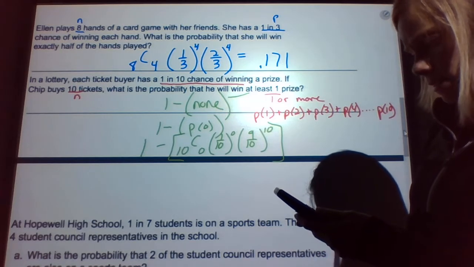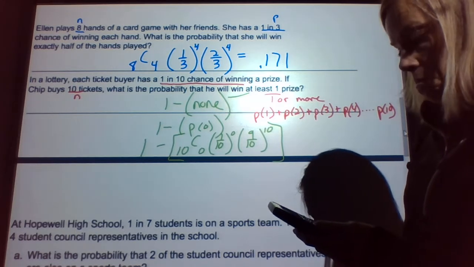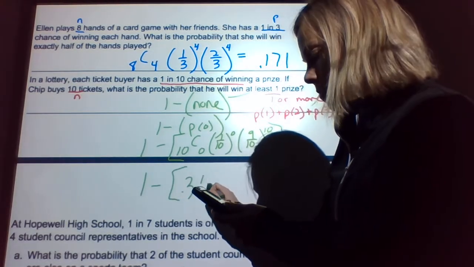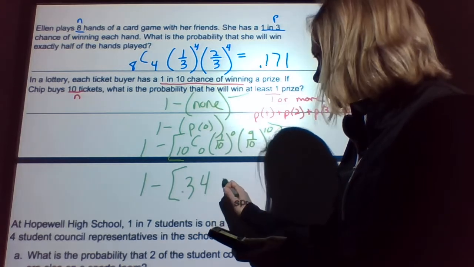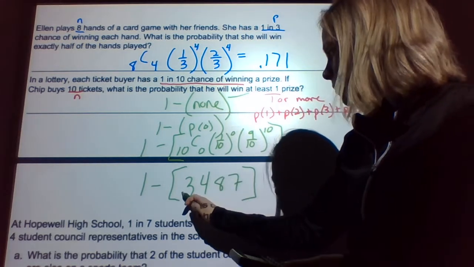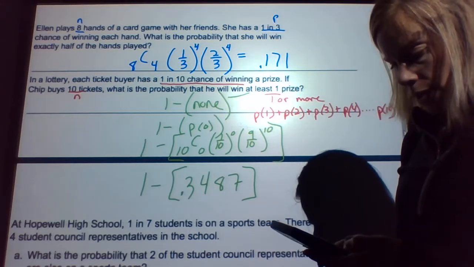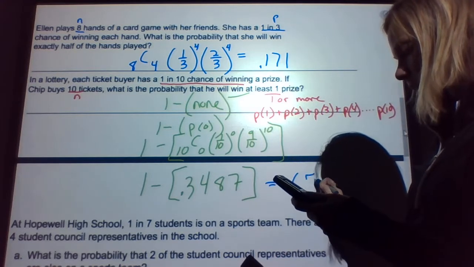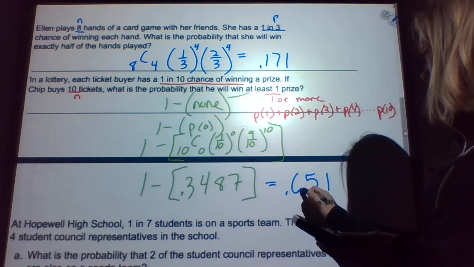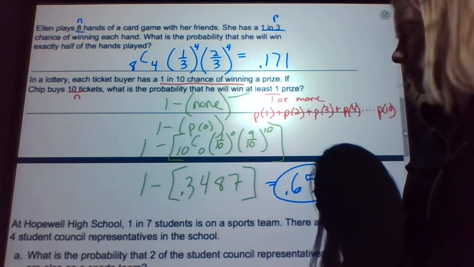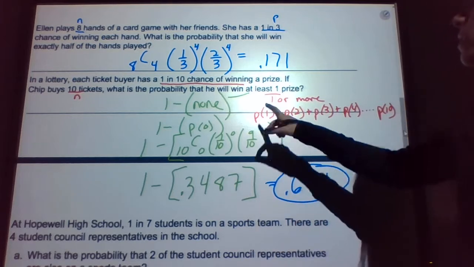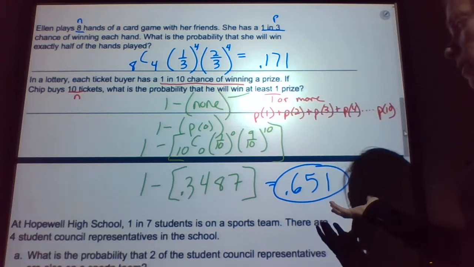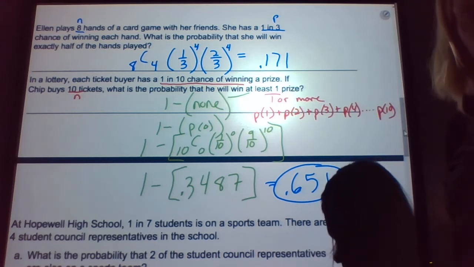Okay, so I'm going to do 1 minus 0.3487. Right, I'm going to round more so it's pretty accurate. So 1 minus that, you get this, 65.651. Approximately, right? We're rounding. Okay, so at least 1, right? If he buys 10 tickets, at least 1 will be a winner. That's about 65% chance, and that sounds correct.